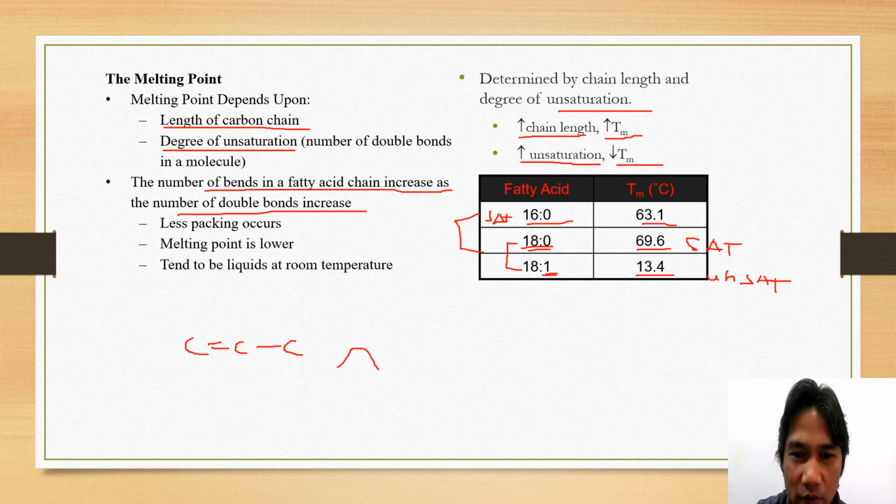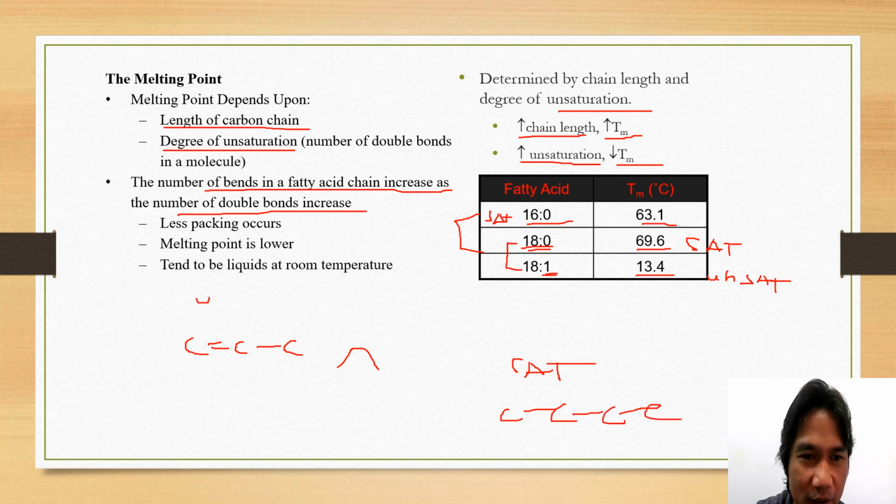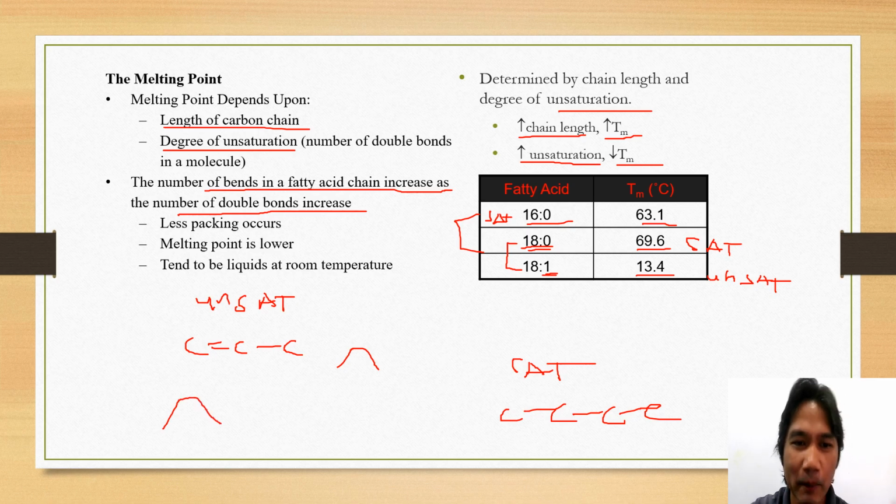Saturated fatty acids are linear, straight, whereas unsaturated fatty acids are not linear. They have bends, the molecule is bent. So the more the double bonds, the more bends in the fatty acid.